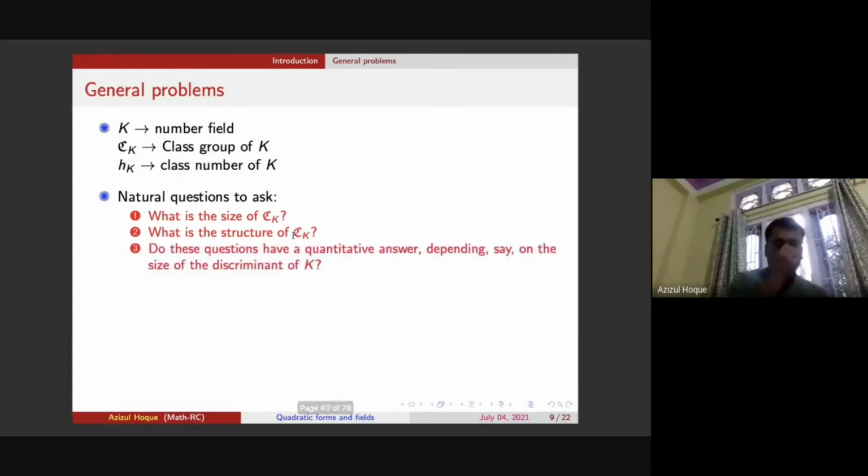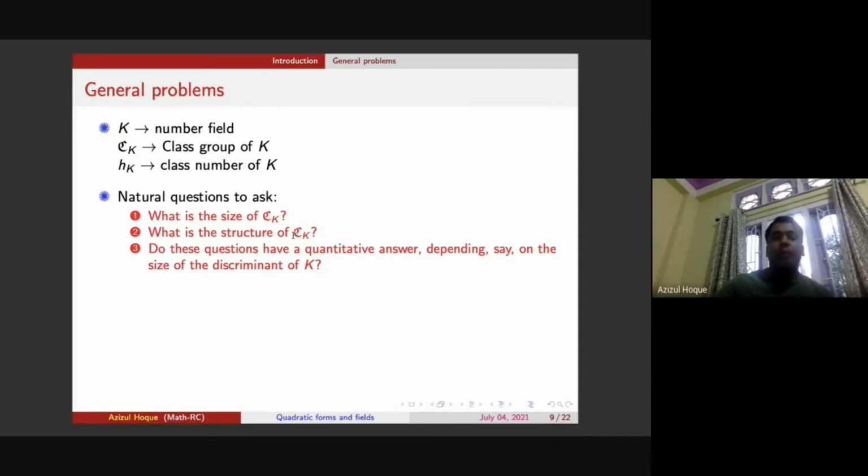Okay, so the next question is, do these questions have a quantitative answer depending on the discriminant of this K? Suppose the discriminant is given. The question is, how many fields will there be, up to discriminant less than or equal to some bound, say x? So bound the discriminant up to x.